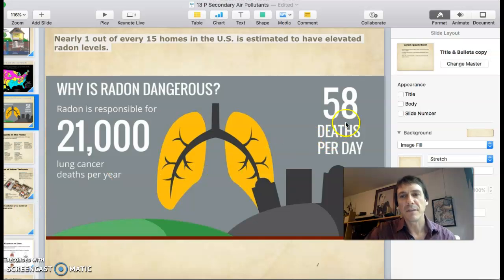And that averages out to 58 deaths per day. So it's pretty dangerous, this radon stuff. It says nearly 1 out of every 15 homes in the U.S. is estimated to have elevated levels of radon. Do you have a radon detector in your house?